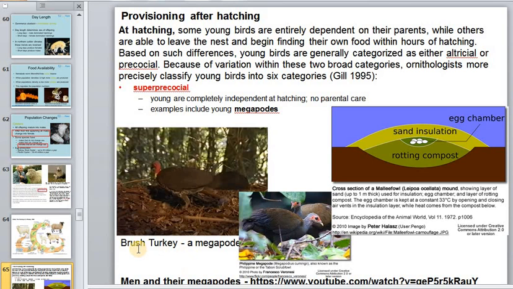This is the brush turkey, a megapode, and this bird doesn't have any parental behavior.